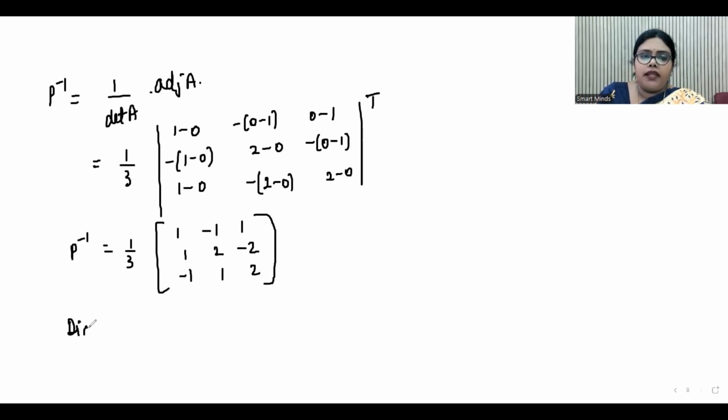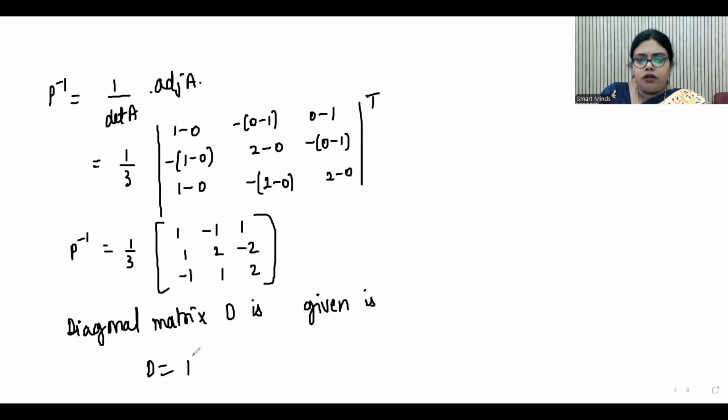Now we need to take the diagonal matrix. What is the diagonal matrix? The diagonal matrix is given by D. What is the formula for the diagonal matrix? D is equal to P inverse AP. Now we need to multiply 3 matrices to get this D matrix.